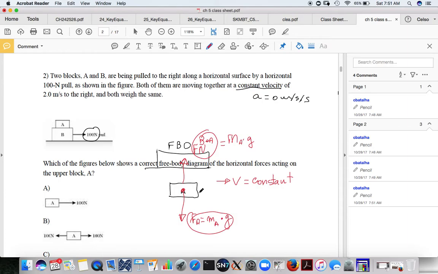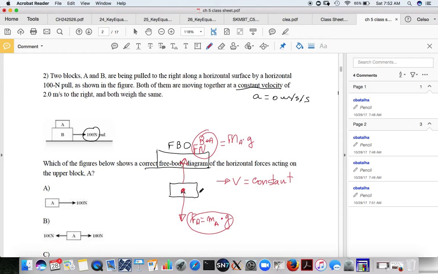You have to have friction to initiate a motion. Let's say block A or both blocks are not moving, and then you start moving block B. Then it is true you have to have some friction, hopefully static, that can initiate the motion of block A up to the point that it reaches 2 meters per second, and then you have a constant velocity. And when you get to that point, if you maintain the velocity at 2 meters per second, it means the net is 0.